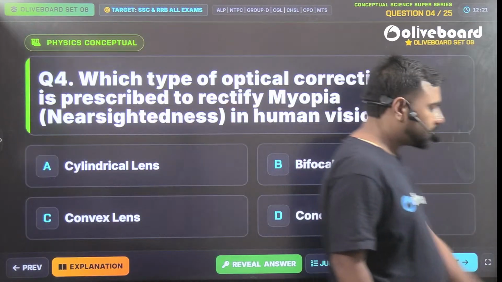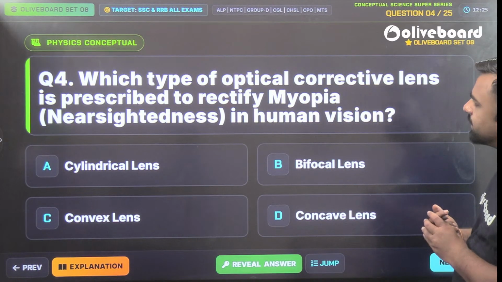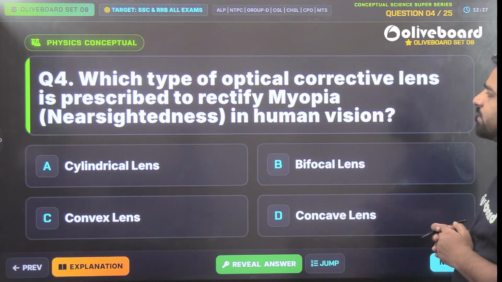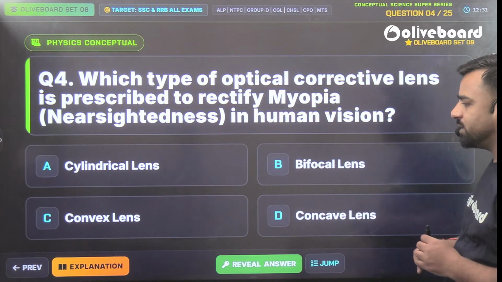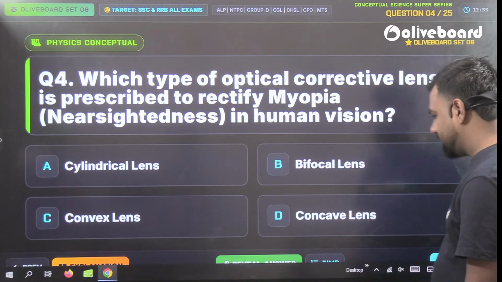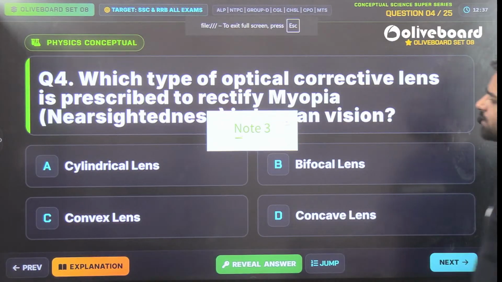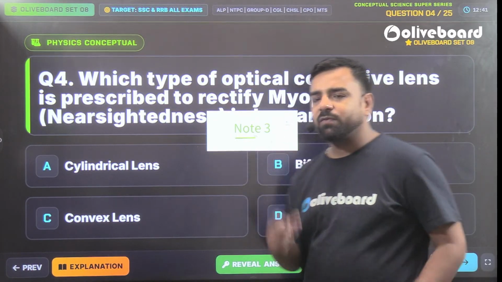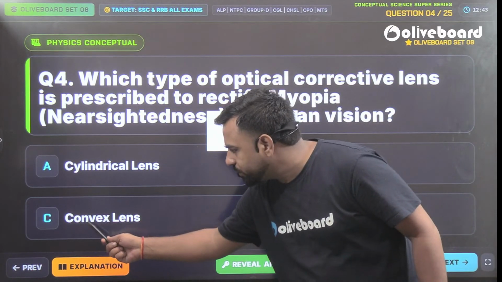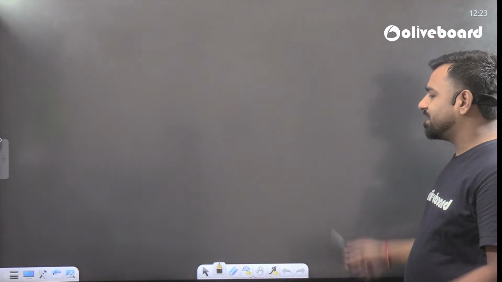Next, the question is: which type of optical corrective lens is prescribed to rectify myopia, that is nearsightedness, in human vision? What should be the correct answer? Let me open the note here. We have already seen this trick in the past class. If I count the number of letters, 1, 2, 3, 4, 5, 6: there are 6 letters in convex and 7 letters in concave.